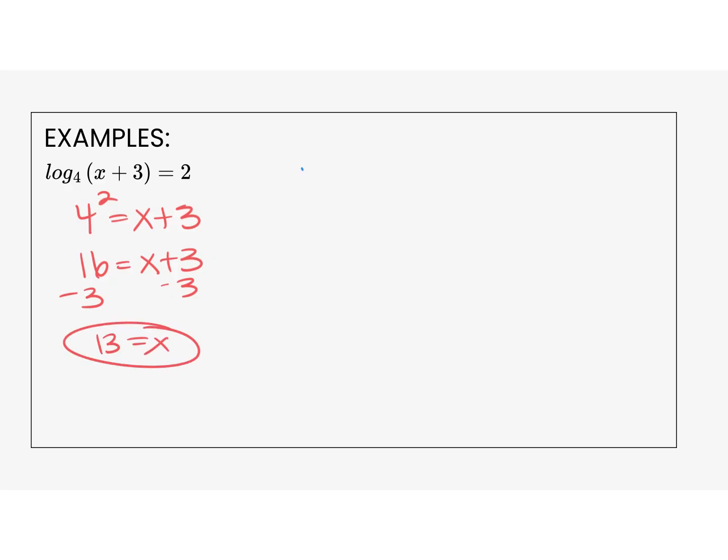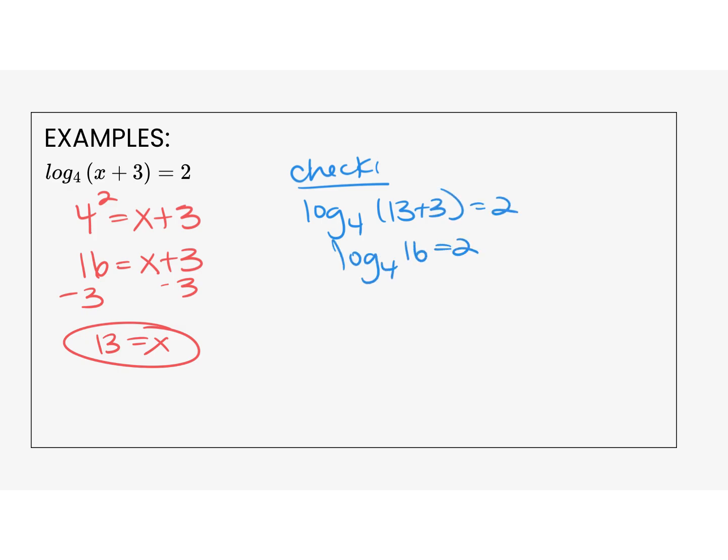Okay, then we're going to check our answer. So log base 4 of 13 plus 3 equals 2. Log base 4 of 16 equals 2. Log base 4 of 16 is 2, so 2 equals 2, and that is correct. Okay, that is a solution.